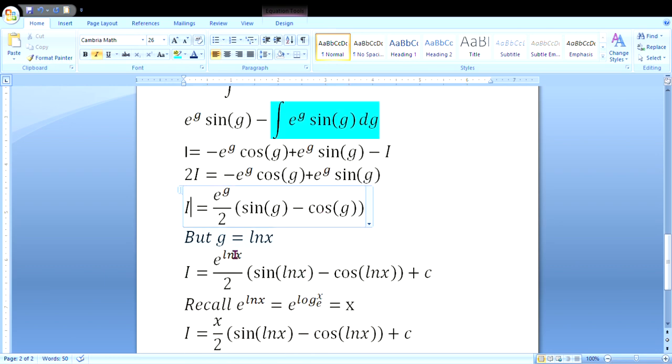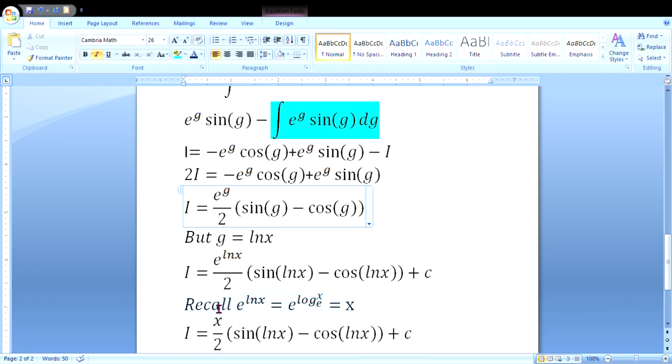But initially we said that g is equal to ln x, so I is equal to exponential ln x over 2 into sine ln x minus cos ln x close bracket plus an arbitrary constant.